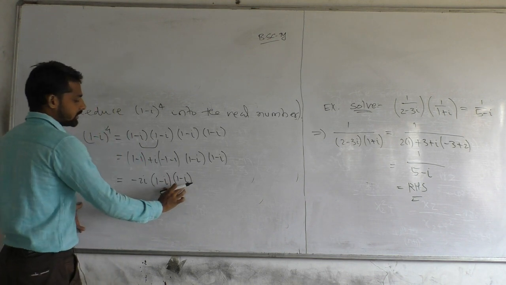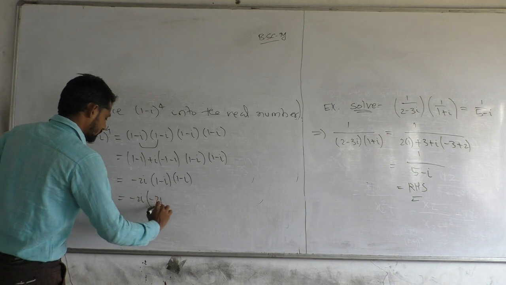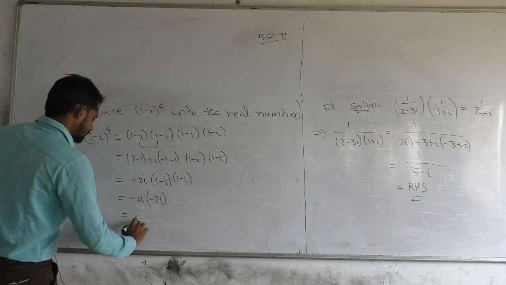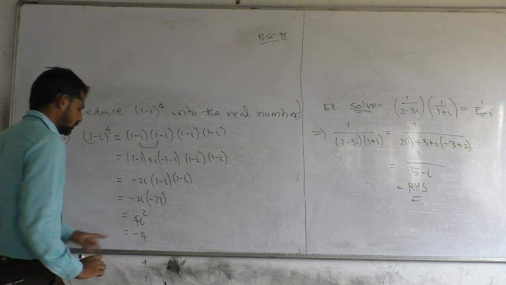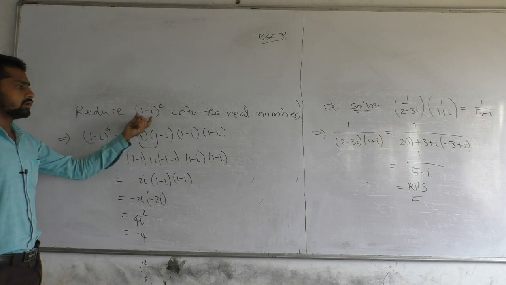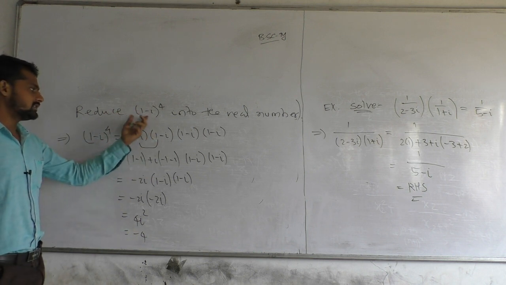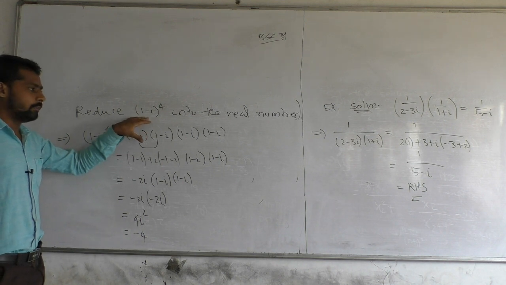But we have calculated 1 minus i into 1 minus i, which is minus 2i. Minus 2i into minus 2i is 4i square. So it is equal to minus 4 because i square is equal to minus 1. So we reduced this number to a real number. This number is actually a real number, but it seems to be like a complex number.